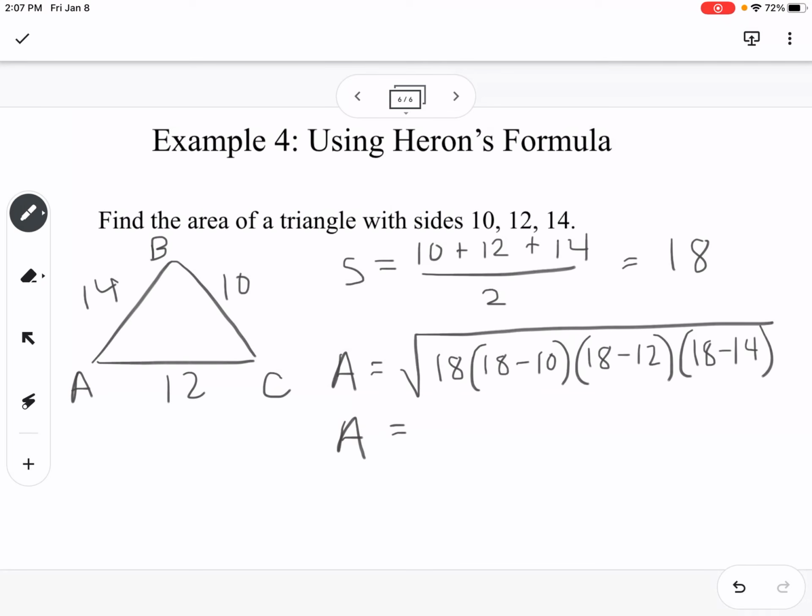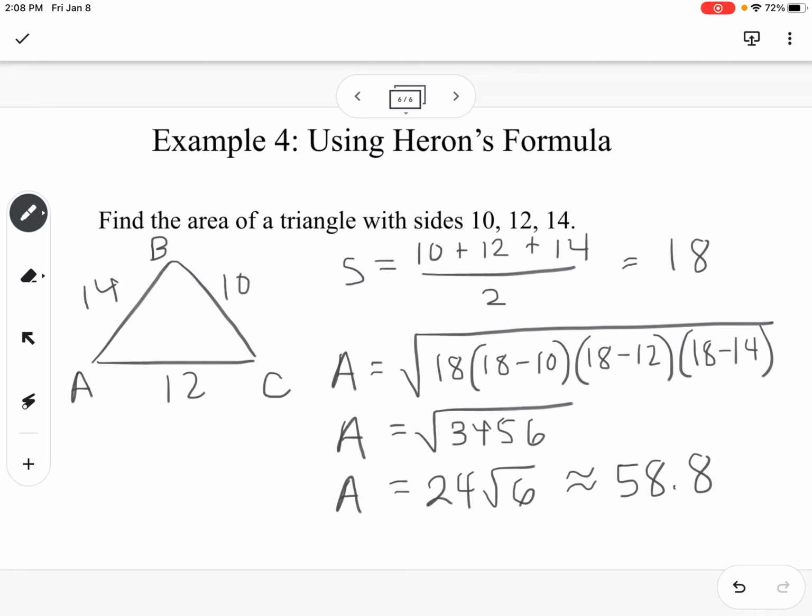So we get the square root of 3,456. We can reduce that into 24 square root of 6, which is approximately 58.8. We would say square units because we don't have a measurement unit on here. So 58.8 square units. Okay, so that is law of cosines.